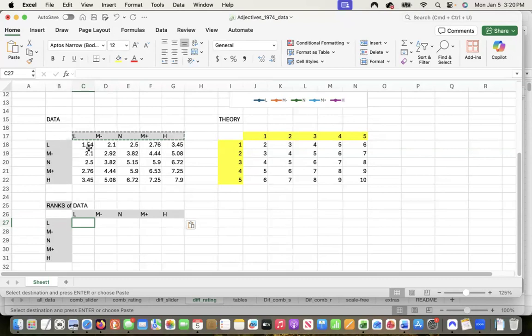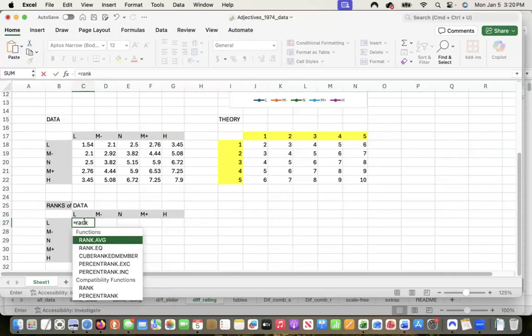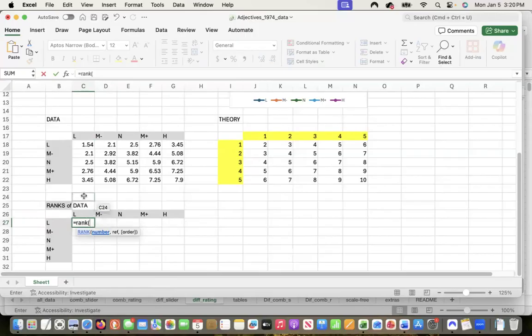This will be rank 1, and this will be 2.5, because it'll be the ranks of 2 and 3. So we're going to say this is equal to the rank of this number, and I have to type a comma right here, and then I select the range of values that it should be compared to.